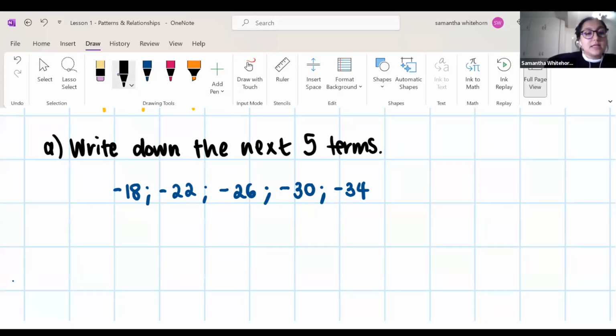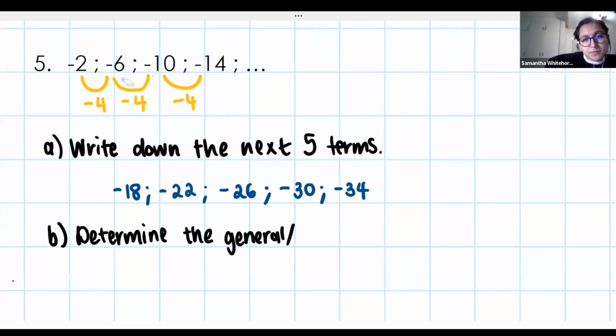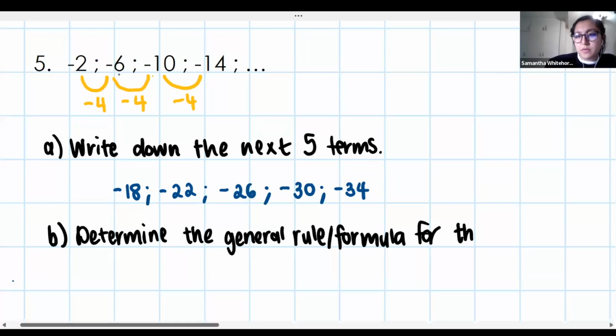But now the next thing that we need to be able to do is we need to be able to determine our general rule or the general formula for the pattern. Okay, now guys, we've spoken about 2 ways to do this.